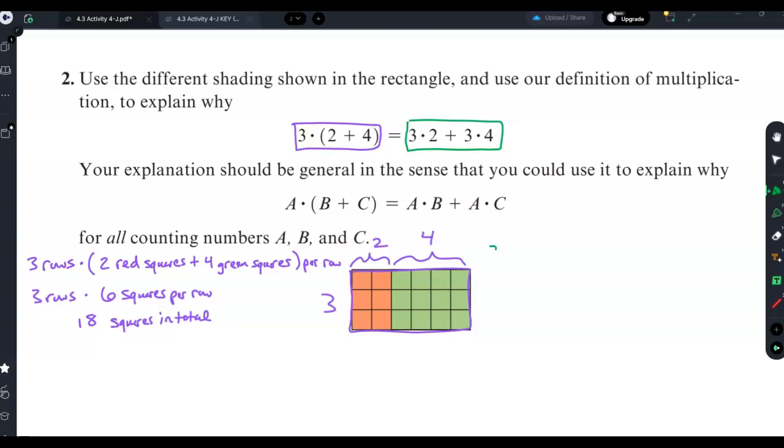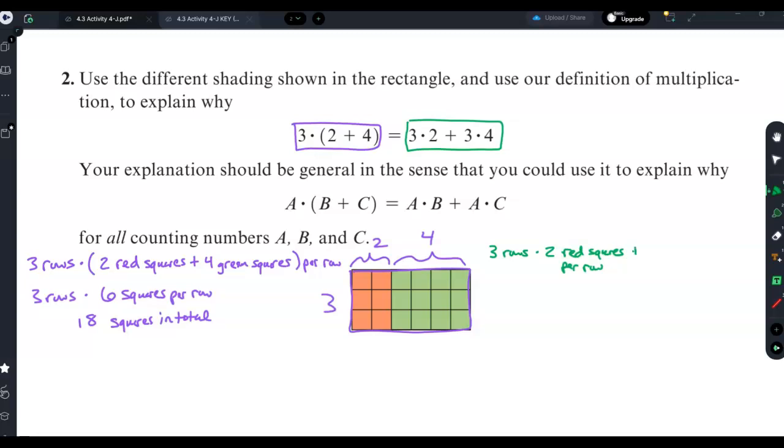So this would be like saying 3 rows times 2 red squares per row.